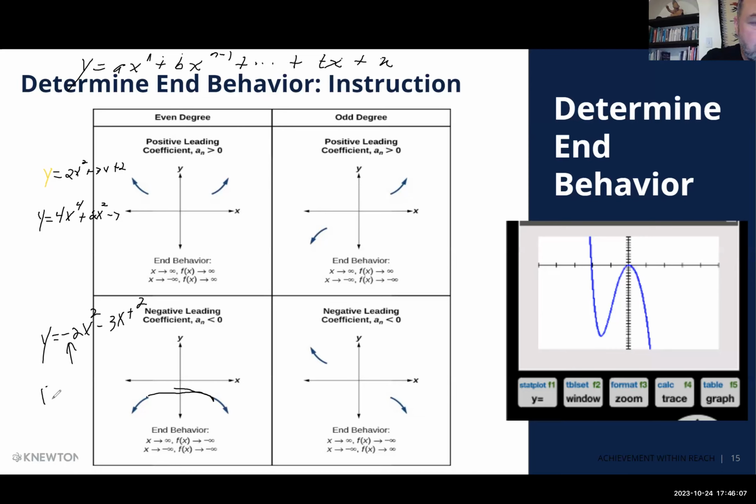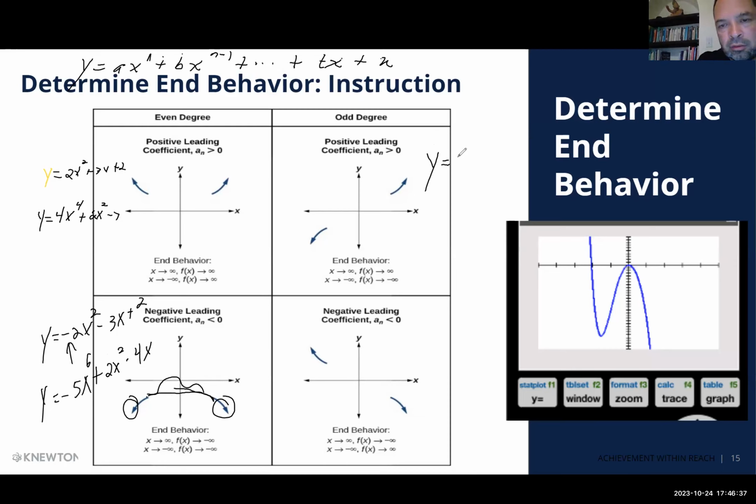But if you choose a higher degree, let's say negative 5x to the sixth power plus 2x squared minus 4, could even do an x there, then something different is going to happen in the middle, but the end behavior is going to look the same. And of course, we'll talk about what this means later. If the powers are odd, let's just do one example.